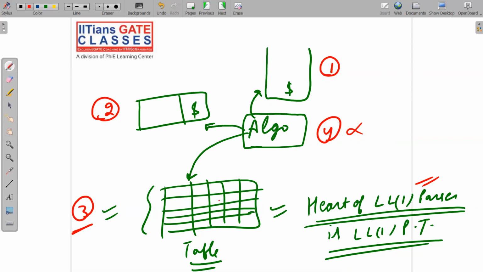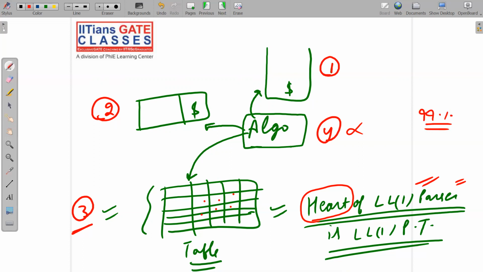In the table, they will keep a few cells blank, and they will ask what will be the answer here and so on. So many questions have been asked from the LL1 parsing table. That's why I'm saying it is the heart of the LL1 parser. Since it is the most important part, first we have to study how to design this parsing table. Once you are able to design the parsing table, almost 99% of the parser is over.